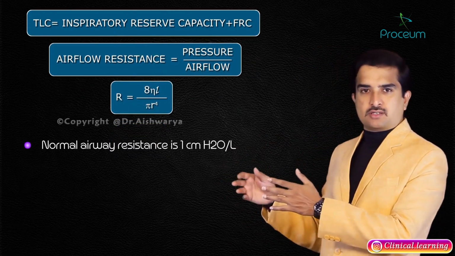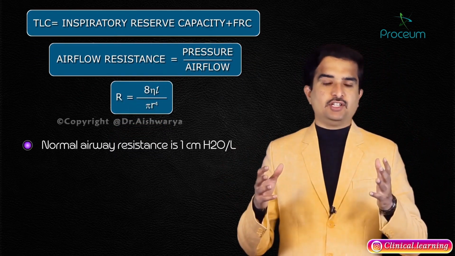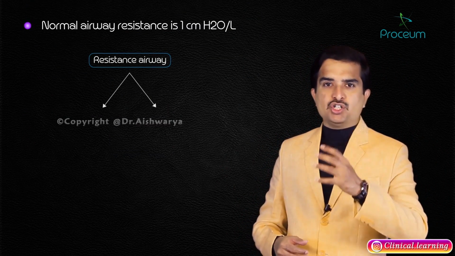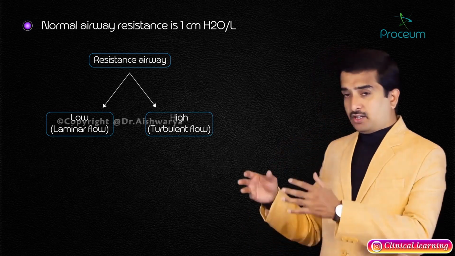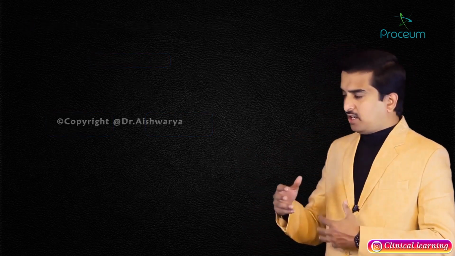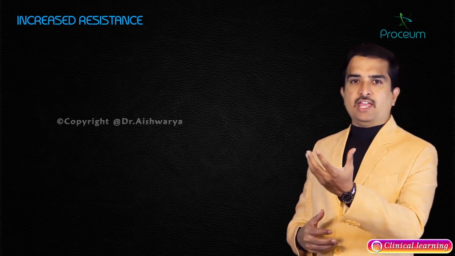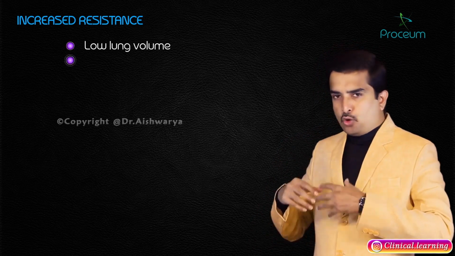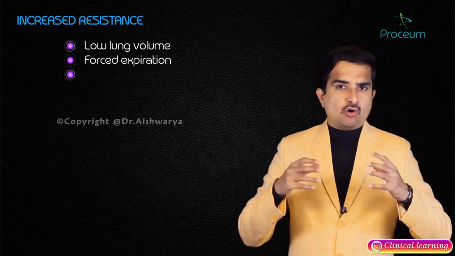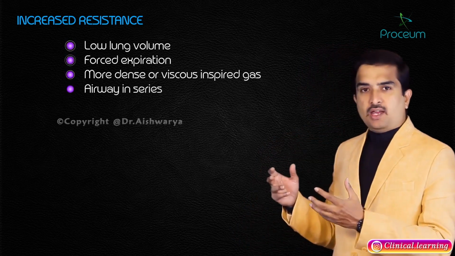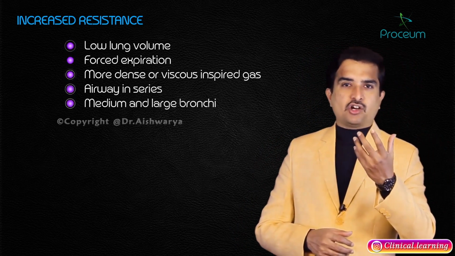Normal airway resistance is 1 centimeter of water per liter per second. Airway resistance is low during laminar flow and high during turbulent flow. In what conditions will there be increased airflow resistance? Low lung volume, forced expiration, more dense or viscous inspired gas, and airways in series, such as medium to large bronchi.